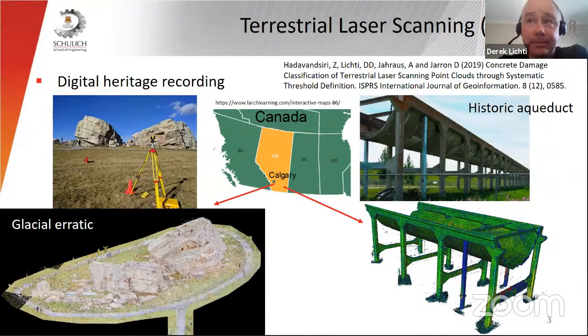Now, this might seem like a geological application, but this is a site of local significance, shall we say. There's cultural significance to this site for the Blackfoot Indigenous people of southern Alberta, and it is a local tourist attraction because it's a striking boulder on the prairie or steppe landscape.